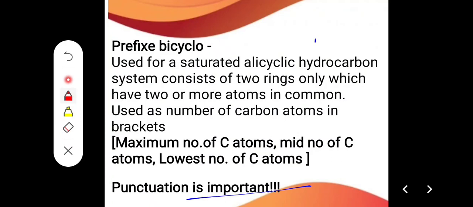If the maximum is 3, the middle is 2 and the lowest is 2, you consider 3 2 2. But if the maximum is 3, the middle is also 3 and the lowest is also 3, we consider in the bracket 3 3 3. Okay, this is the example.